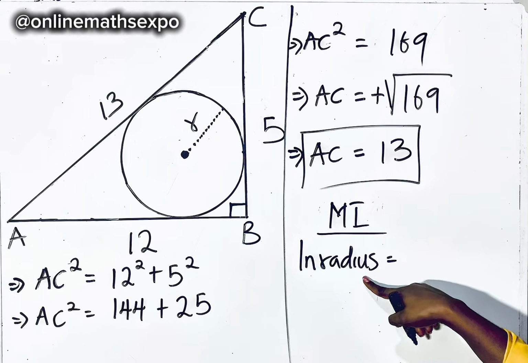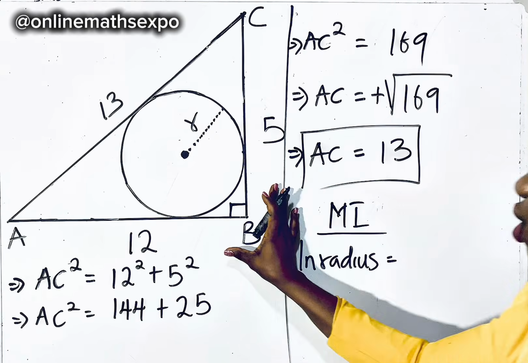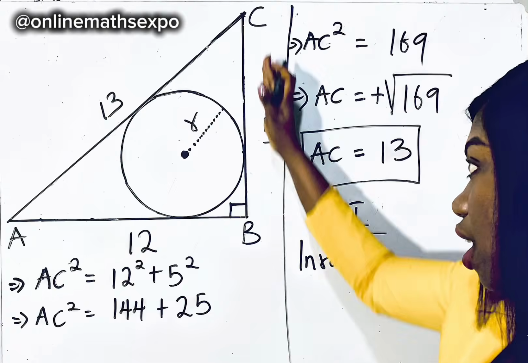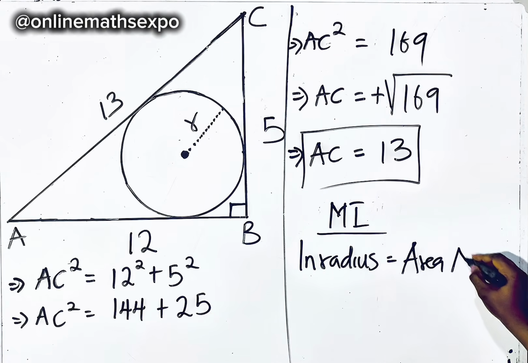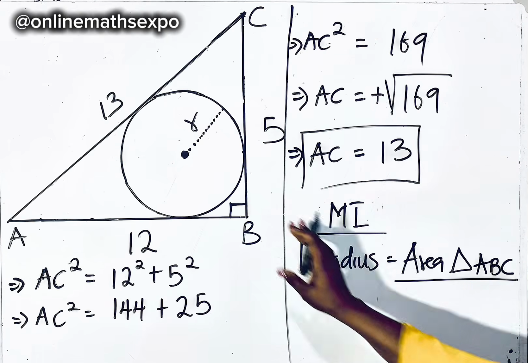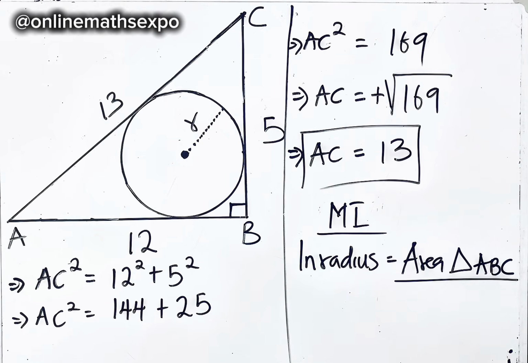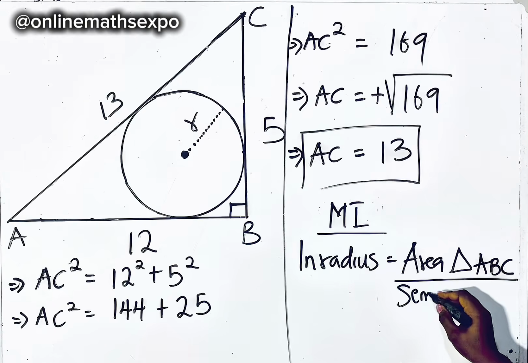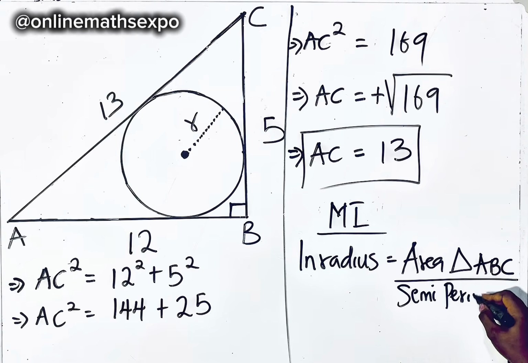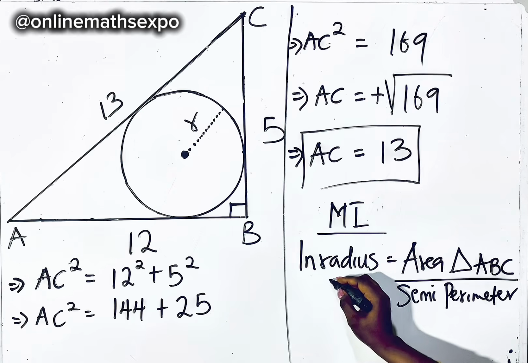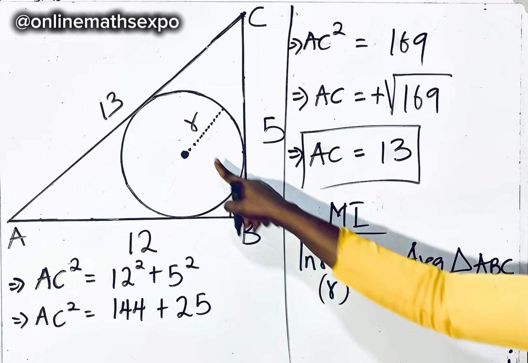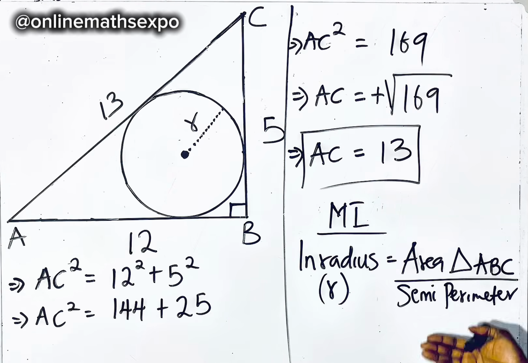So the inradius is given by the area of triangle ABC divided by the semi-perimeter of the same triangle. This is the formula for your inradius, and remember, your inradius is your R, which is this R. So in that case, we can now solve.